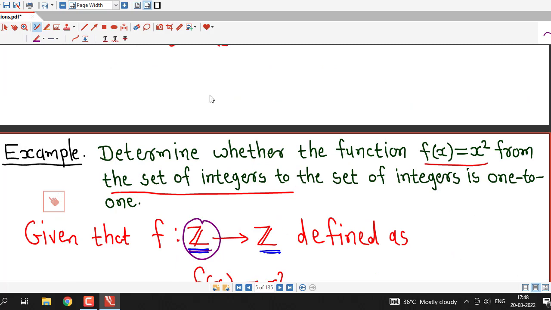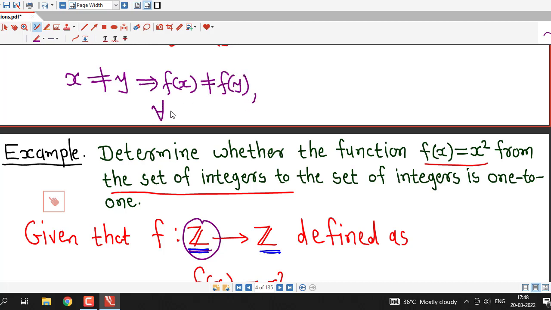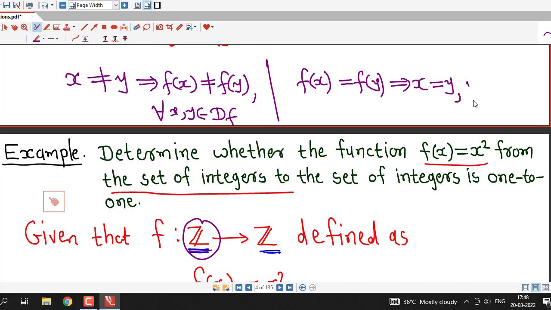If function is one-to-one, then we have to prove this condition: x is not equal to y implies f(x) is not equal to f(y) for all x, y belongs to domain of f. Or we have to prove this condition: f(x) equal to f(y) implies x equal to y for all x, y belongs to domain of f.